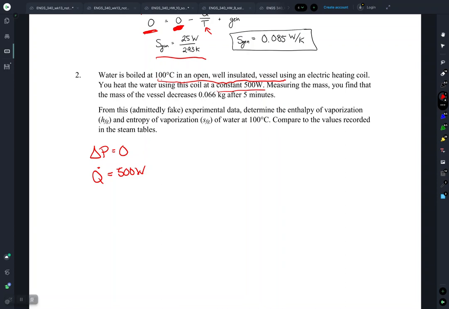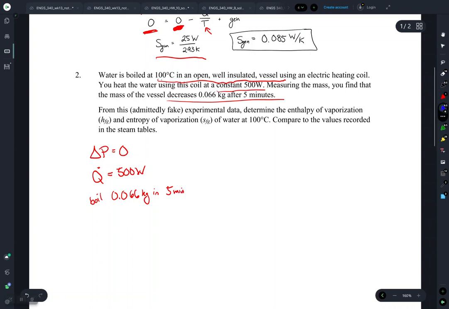We find that the mass decreases by 0.066 kilograms after 5 minutes. So we boil 0.066 kilograms in 5 minutes. So this is admittedly fake experimental data, but this would be how we can determine both the enthalpy of vaporization, h_fg, and the entropy of vaporization, s_fg, for the water.